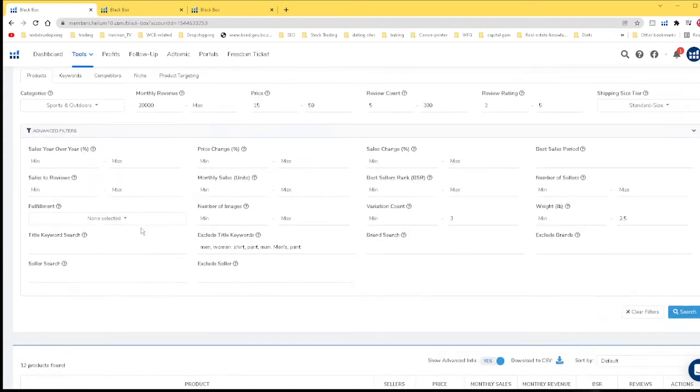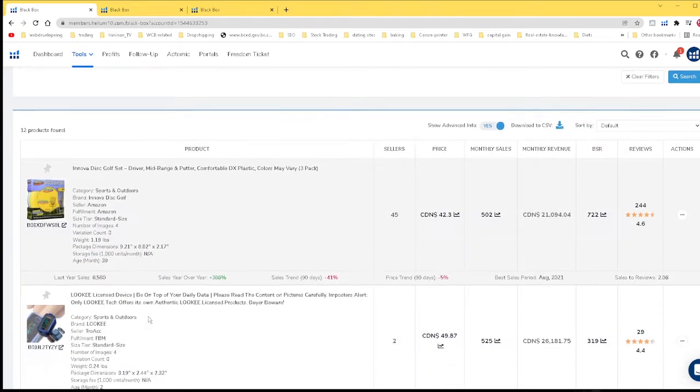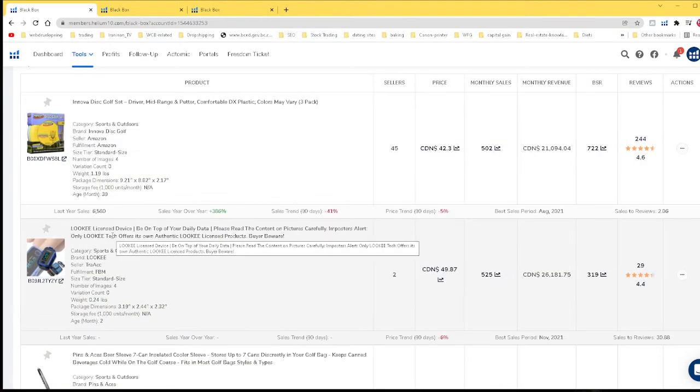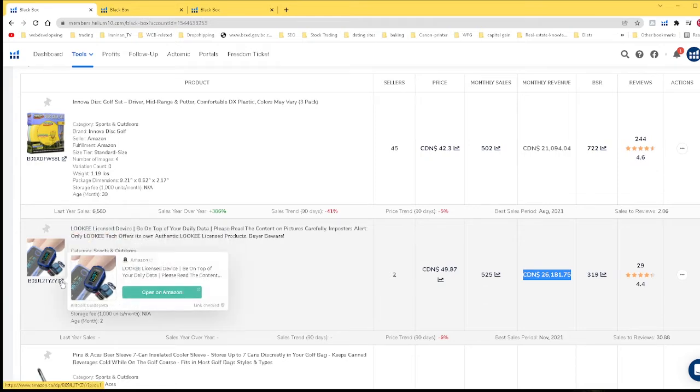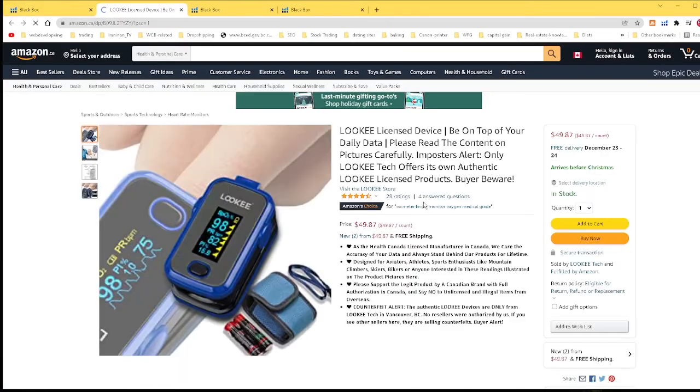This is the category of sports, and I'm just going slowly through the reviews and sales, which is the big deal. And reviews is 29. So this is a sort of good product. Let's look at it, see what it is.